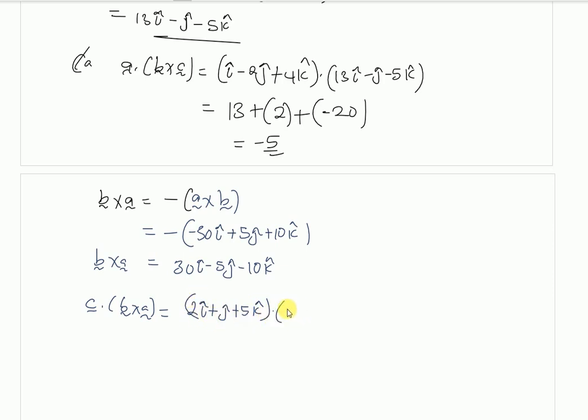We are going to dot it with 30i minus 5j minus 10k. The 2 and the 30 get us 60. Then the j's are going to get us negative 5. Then the k, this one is another negative because we have 5k times, so this is negative 50. And so this is 60 minus 55, which is equal to 5. We are getting a 5.